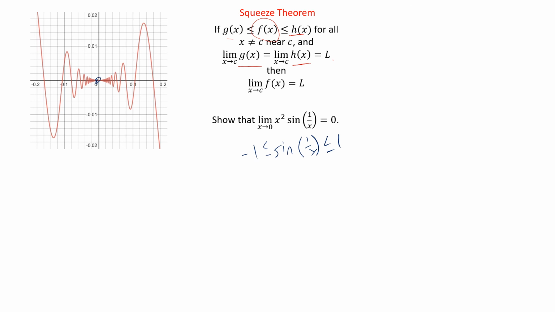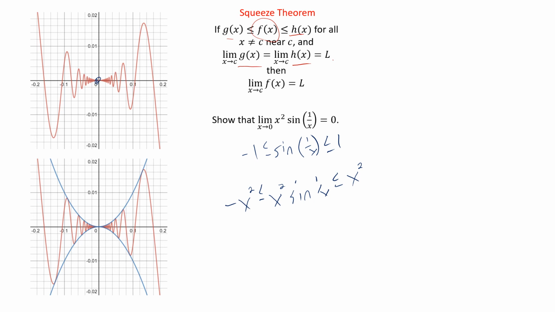So we know that this function, x squared times sine of 1 over x, will always be bigger than -x squared and less than positive x squared, because we can plug in -1 and +1 for sine. If we graphed this one, we would get our graph, and then we have the positive and negative x squared. So we can see that it's pinching it right into the middle.